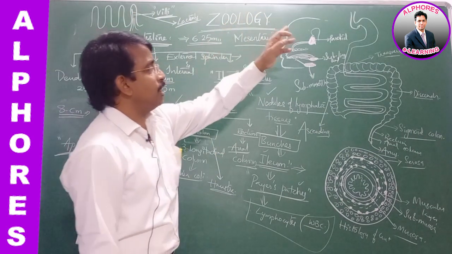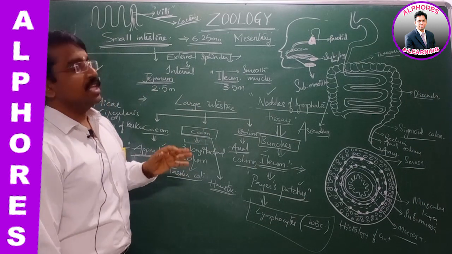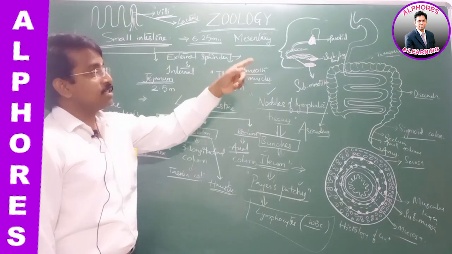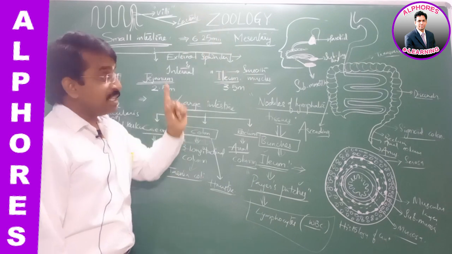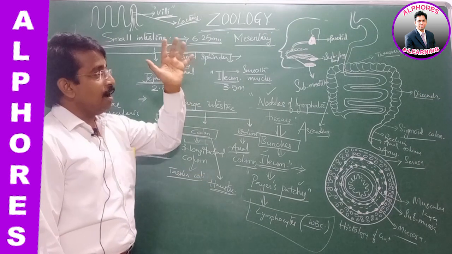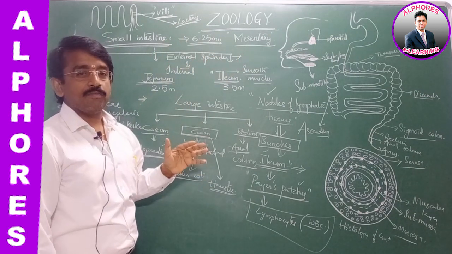Already we discussed in the stomach that gastrin is the hormone released, which stimulates the secretion of gastric juice. In the same way, in the small intestine also, hormones are released.